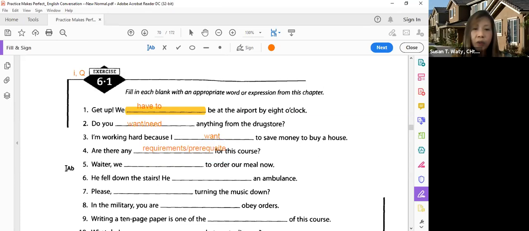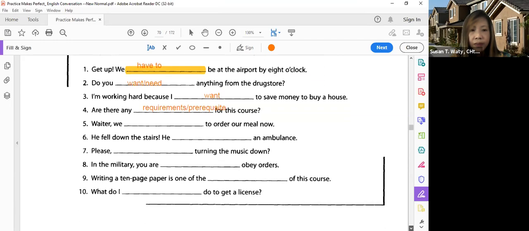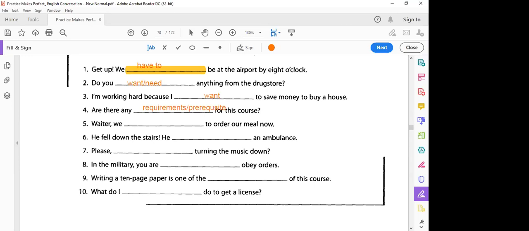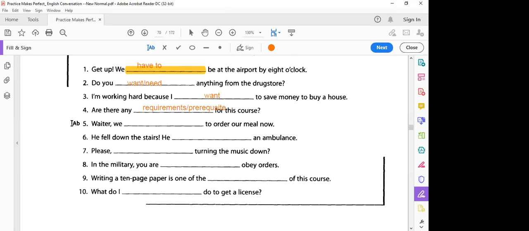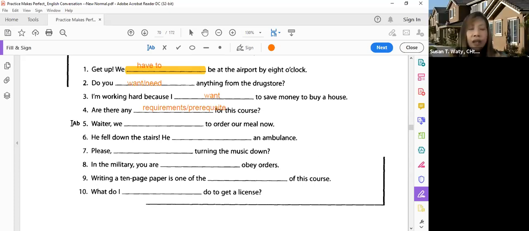All right. Number 5. Waiter, we blah blah blah to order our meal now. Let's have Eva, please. Yes, miss. Eva, let's try number 5. Yes, please. Waiter, we want to order our meal now. Okay, and then any other option?